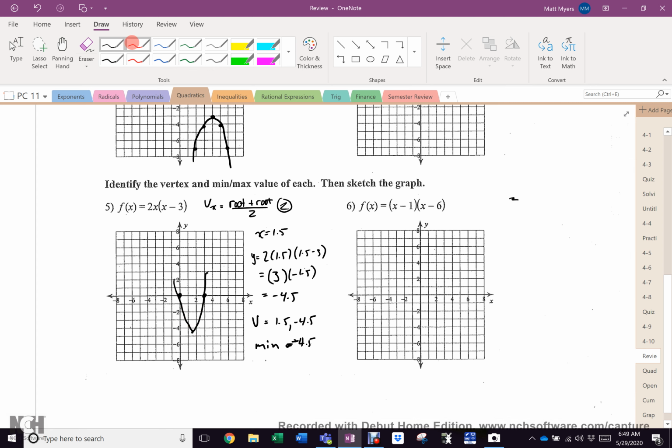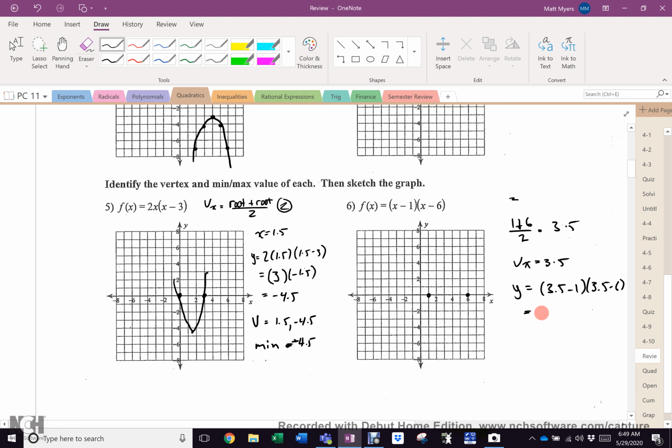Come over to here. Root 1 is 1. Root 2 is 6. 1 plus 6 over 2 is 3.5. So my vertex x equals 3.5. My y equals (3.5 minus 1)(3.5 minus 6).